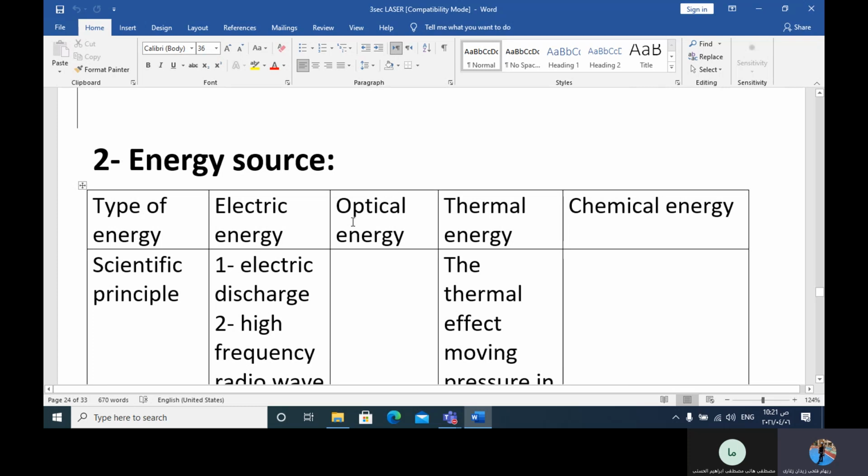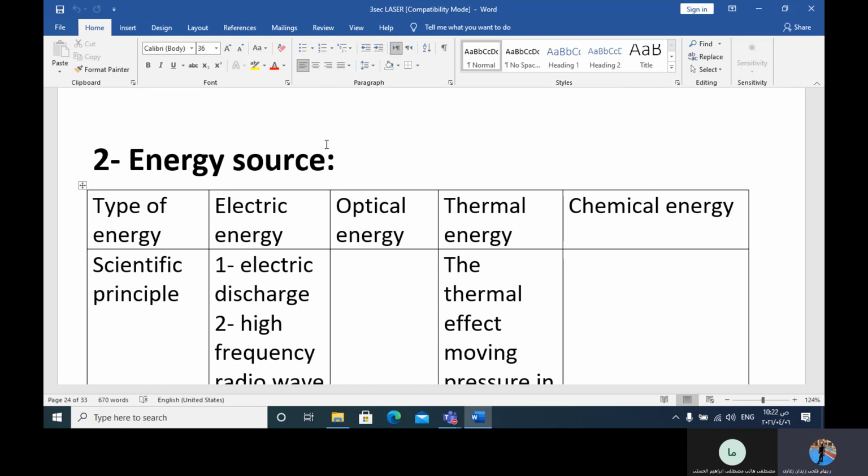Okay, the component number two about laser is the energy source, which will provide the laser with the energy necessary to excite the atoms. And we have many types of energies used to start the lasing action. So here in this table, we have the type of energy, and we have also the scientific principle and some examples.